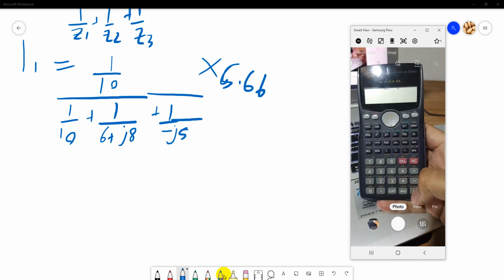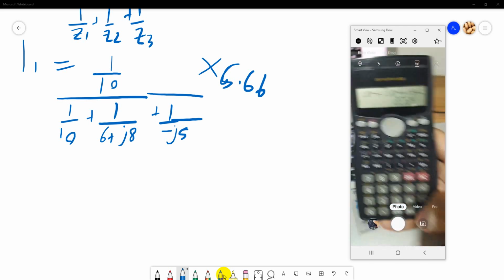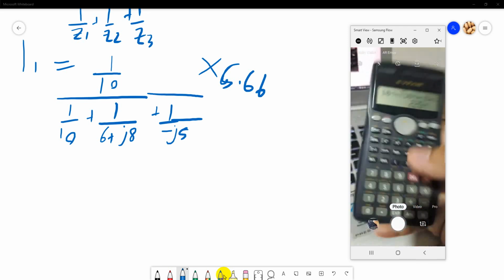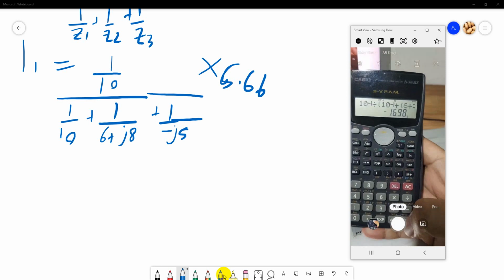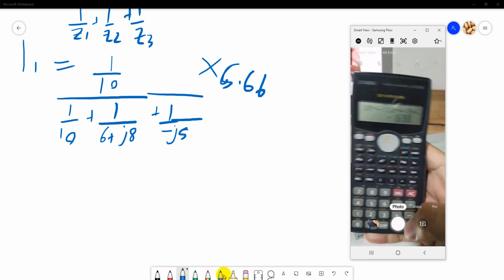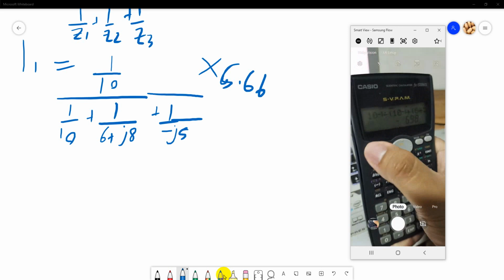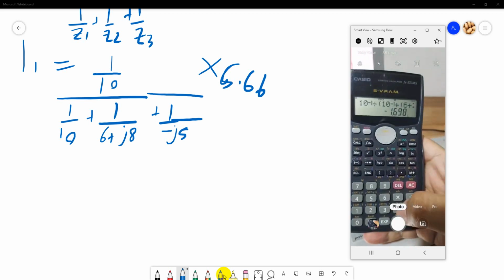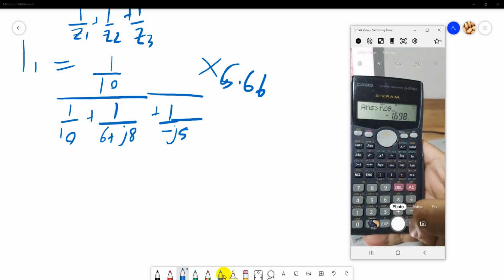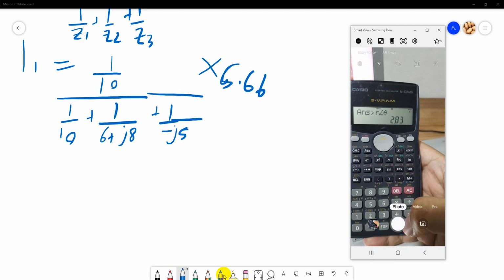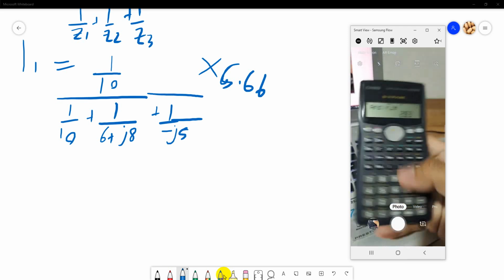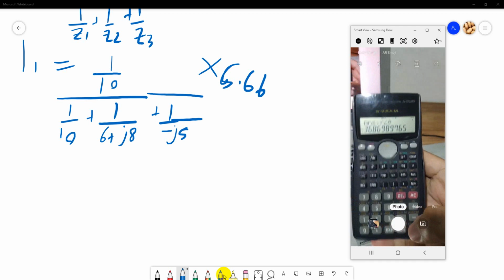But remember, this is current, so you have to use the polar form. You cannot use rectangular form. Shift plus equals, you get 2.83, then shift equals negative 36.